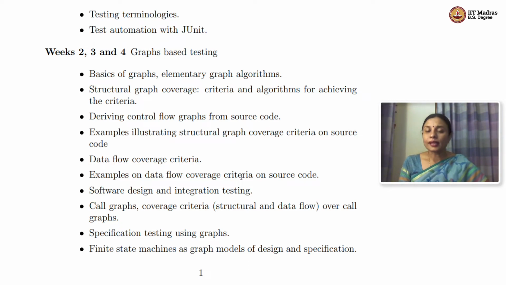We applied this kind of theoretical graph-based testing to source code and saw a few examples. Then we applied it on call graphs, understood what call interfaces are, and looked at structural coverage criteria and data flow coverage criteria over coupling variables on the data flow graph, which concentrates on the call interfaces.